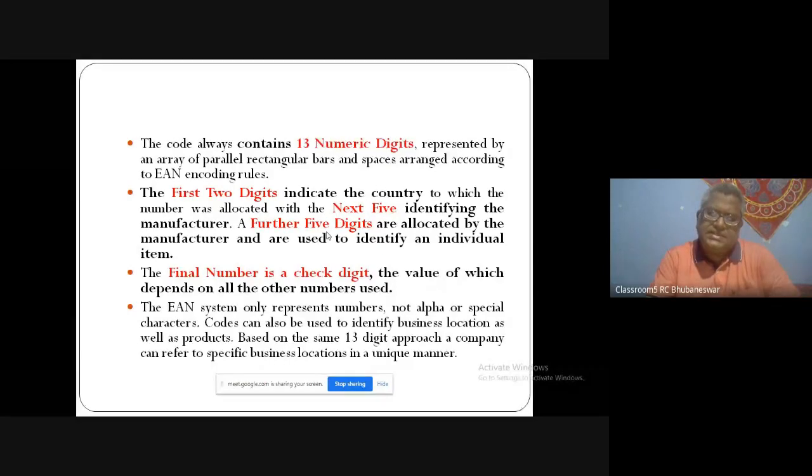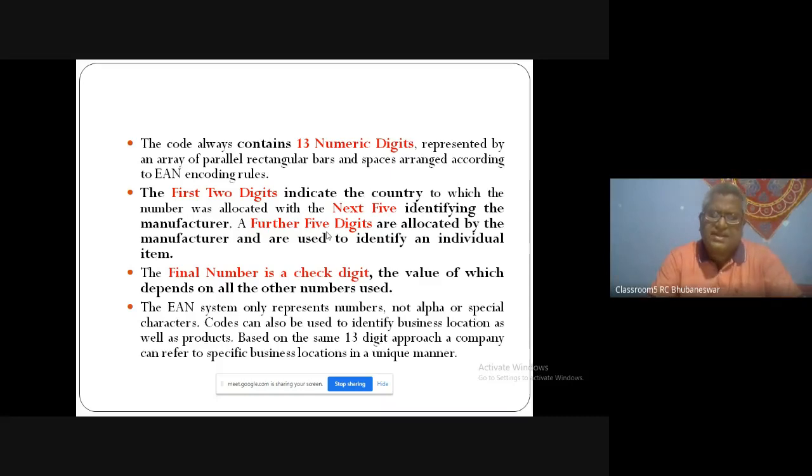The next 5 digits identify the manufacturer. The next 5 digits allocate individual items of the manufacturer, particular individual items. And the last number is the check digit. It means 13 can be divided into 2 digits, next 5, next 5, that is 5 plus 5 is 10 plus 2 is 12, and the last one is the check digit regarding the particular article.